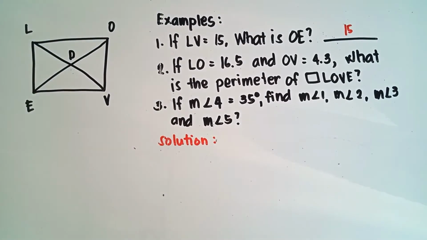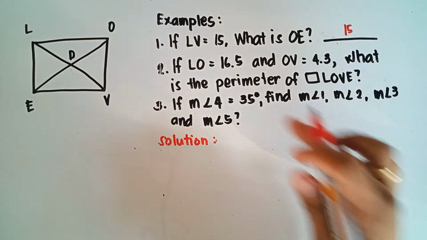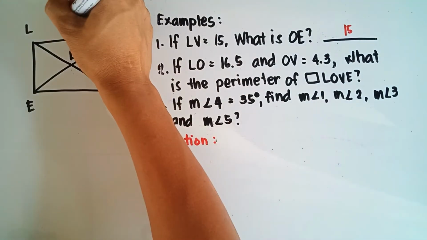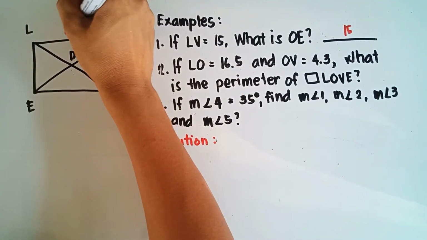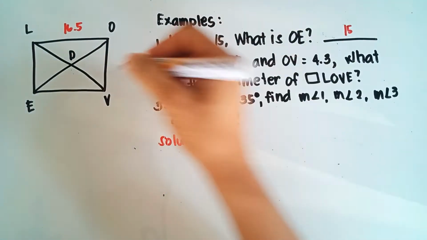So for number 2, LO is 16.5, OV is 4.3. The question is, what is the perimeter of rectangle LOVE? So from our given, LO is 16.5, then OV is 4.3.